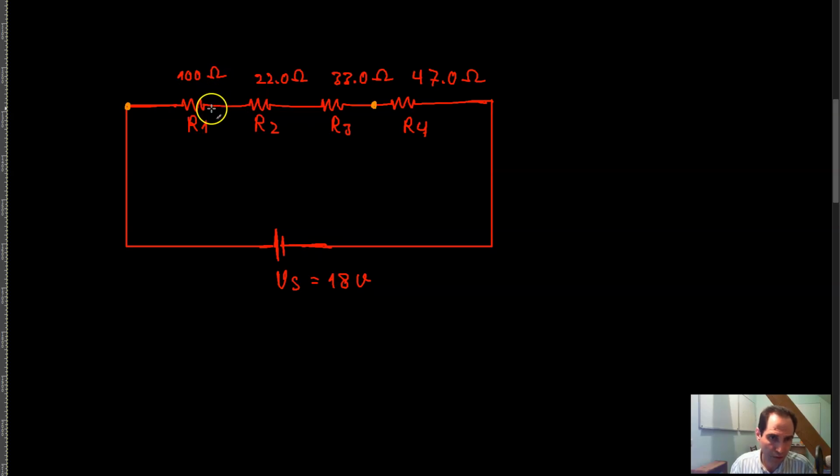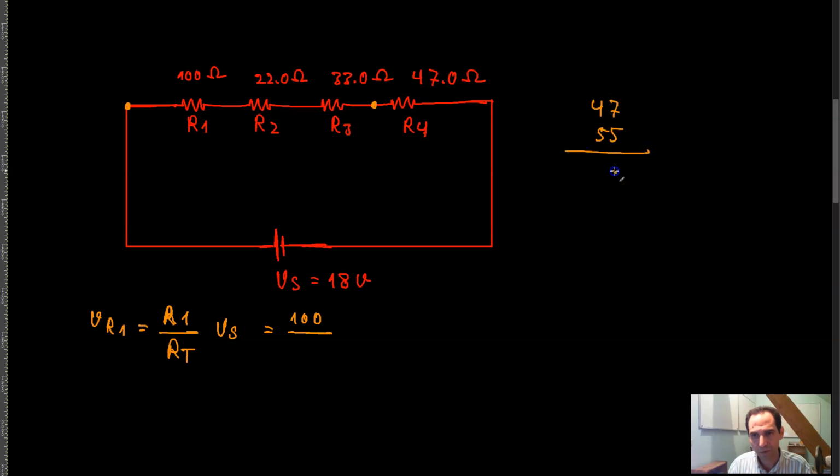So now if I calculate the voltage drop across R1, V of R1, that would be equal to R1 divided by R of T times V of S, which is equal to 100 ohm divided by, this is the same thing as 22 plus 33 is equal to 55. 55 plus 47 is equal to 102. 102 plus 100 is equal to 202.